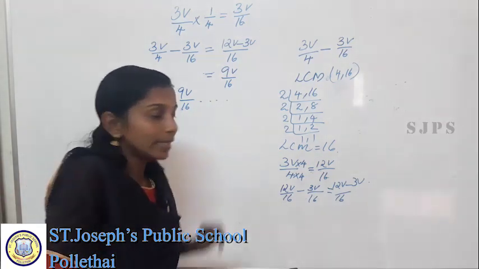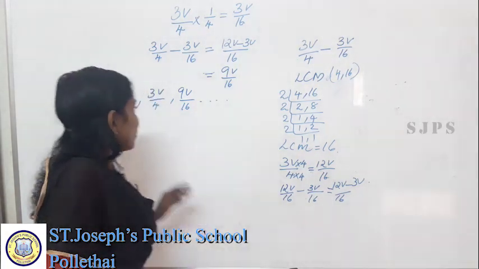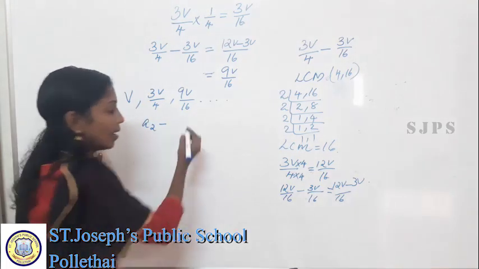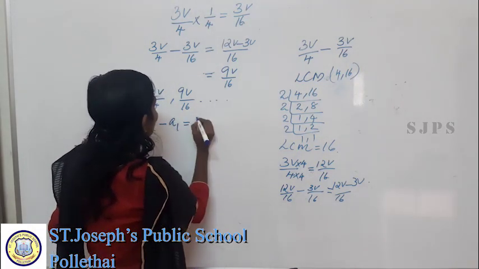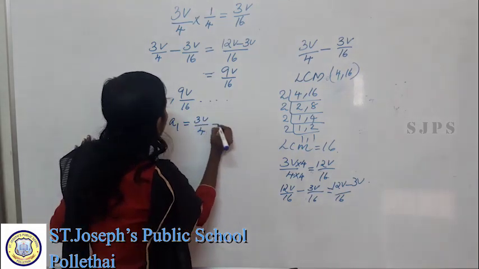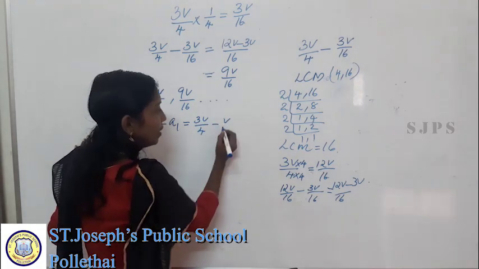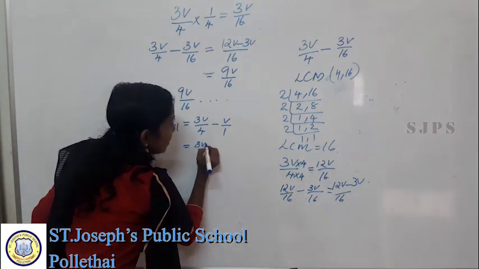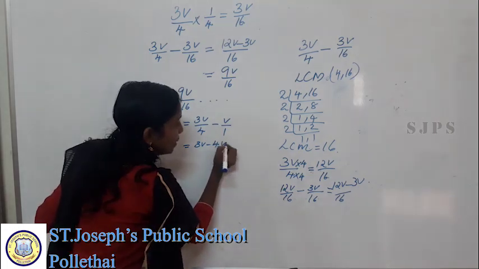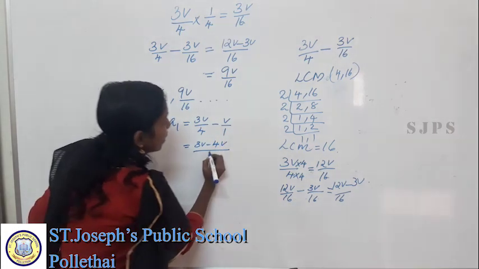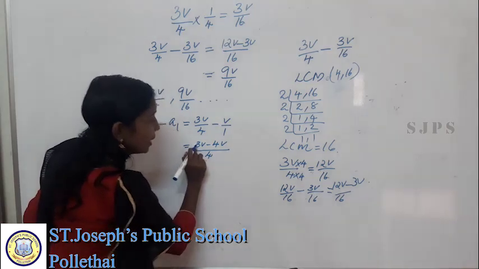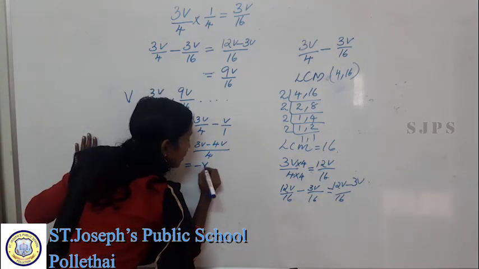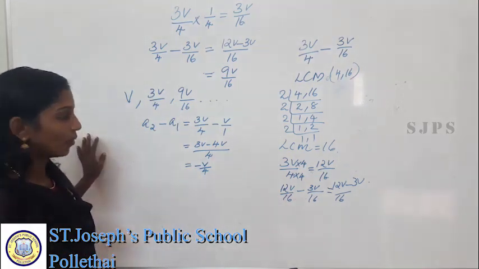Now we want to check, does this form an AP or not? So A2 minus A1 is equal to 3V by 4 minus V. Take the denominator as 1, so 3V minus 4 into V divided by 4 into 1. 3V minus 4V, we get minus V divided by 4.